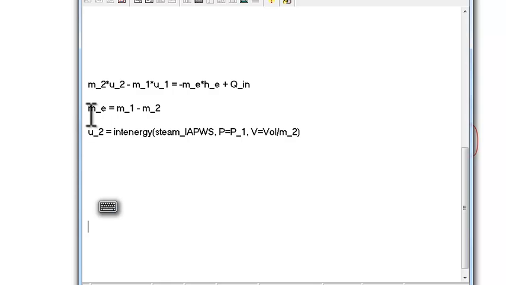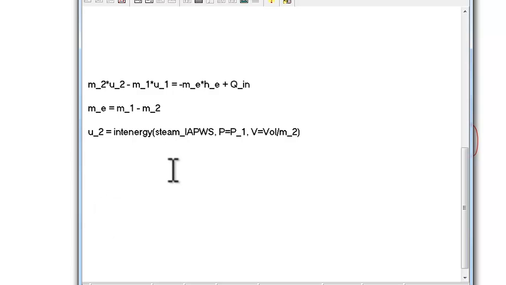This is the mass that left the system. Then here's my original equation, where the difference in internal energy within the system, M2U2 minus M1U1, is equal to the mass that left the system times HE plus the amount of heat that I added to it. And believe it or not, if you code it right, this does work.